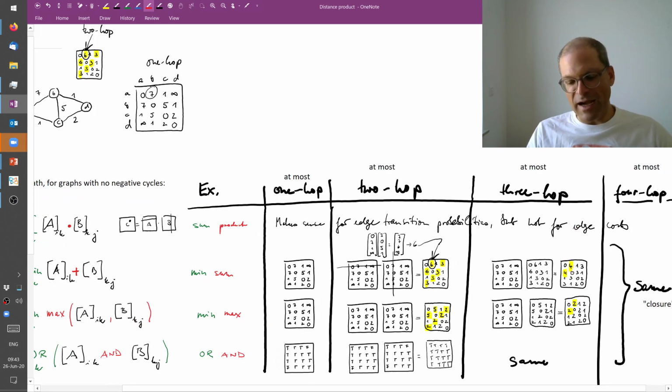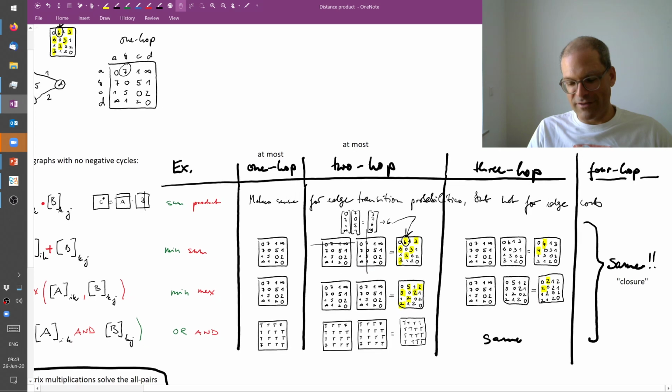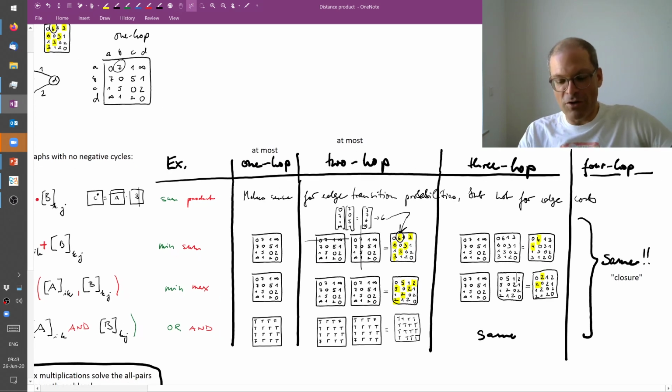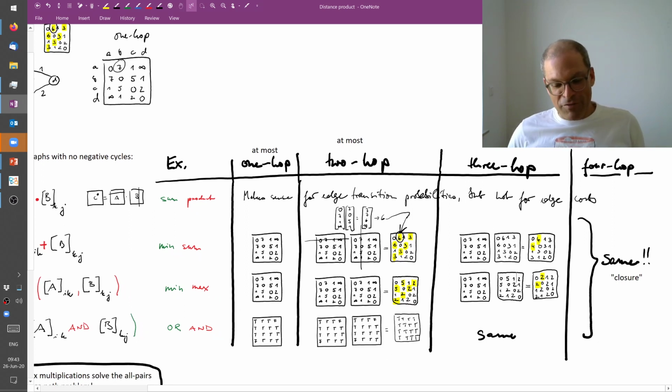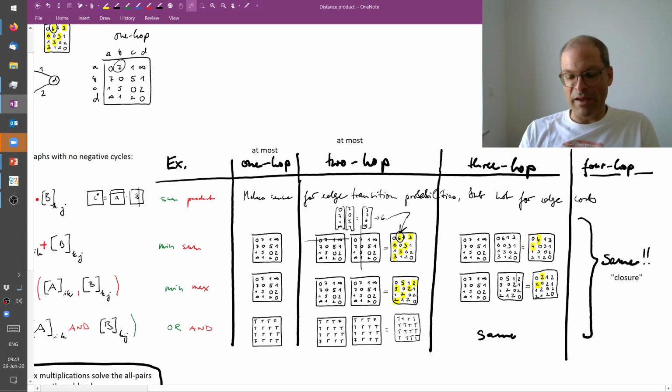All right, and if we now do it another time, well, it will turn out that the matrix of costs no longer changes. This was true here because in a graph with 4 nodes, the longest path that you can have between any nodes is 3, so 3 is enough. But depending on the graph, you might also have this kind of convergence early on, when you have disconnected components, for example.